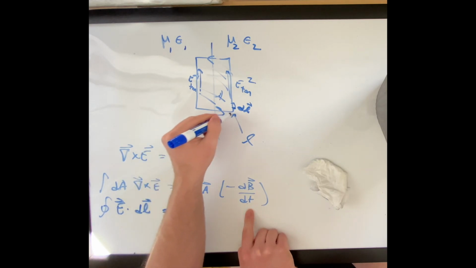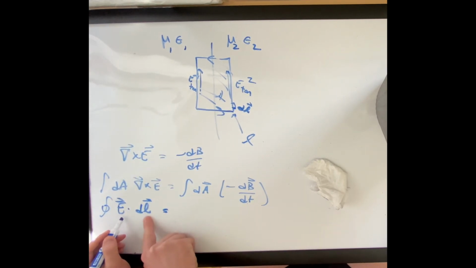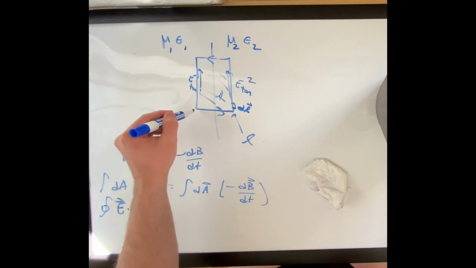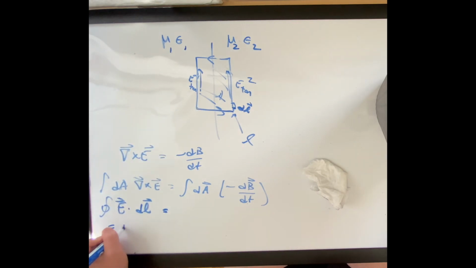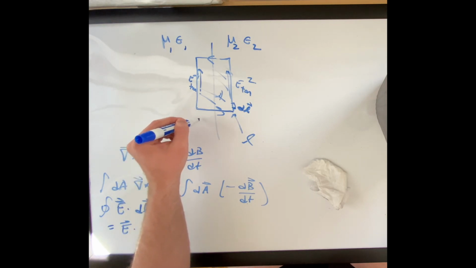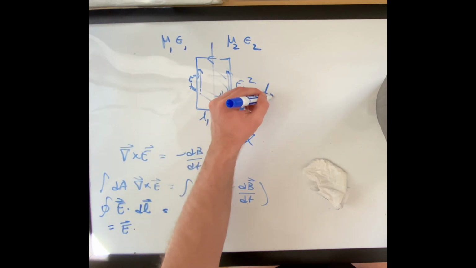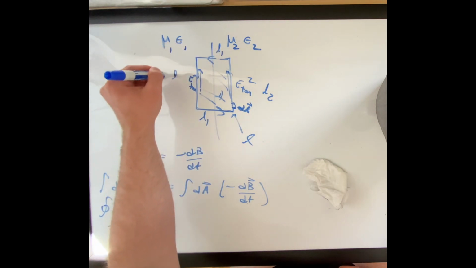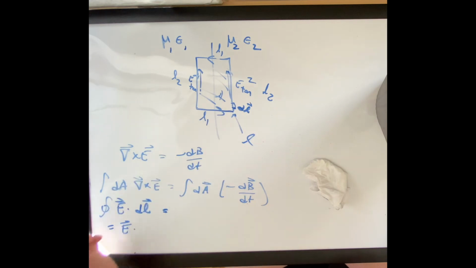Now what I'm going to do is say that this is a loop integral around this loop, but because it's a rectangle, it's just going to equal E dot L1, L2, because this is the length.